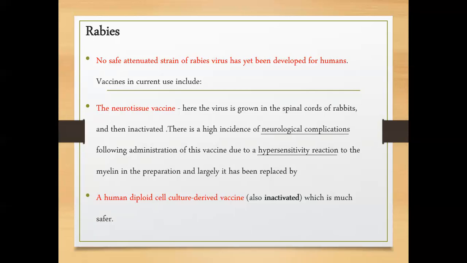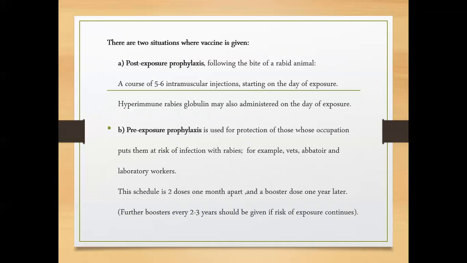It is now replaced by the human diploid cell culture derived vaccine, which is also inactivated and much safer. But it is not being used very much, or it is not readily available. There are two situations where the vaccine is given. Why do you give this vaccine?